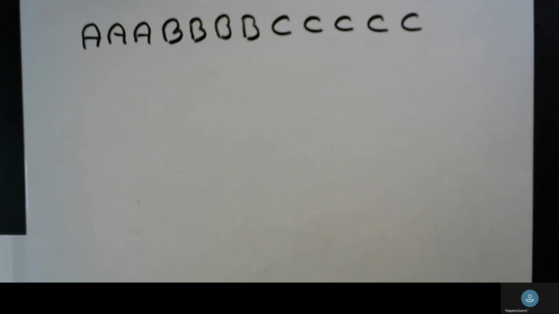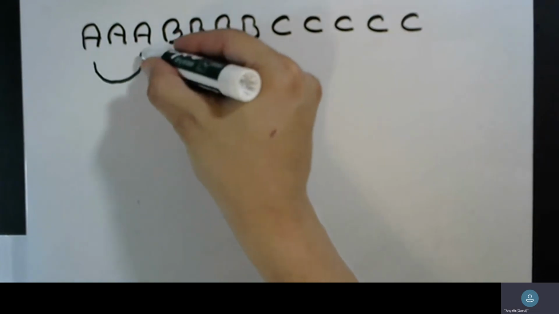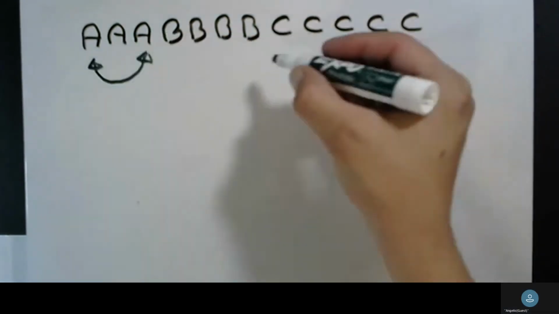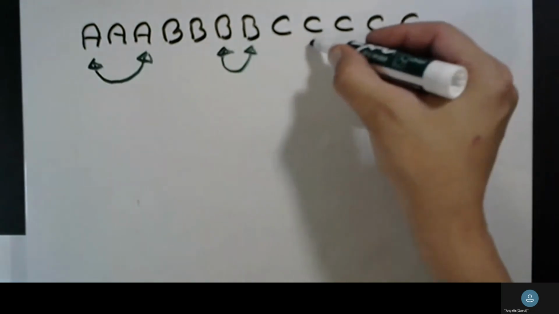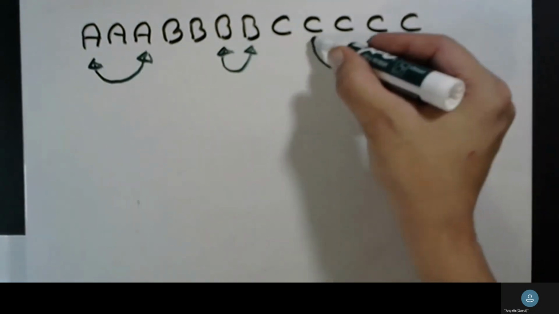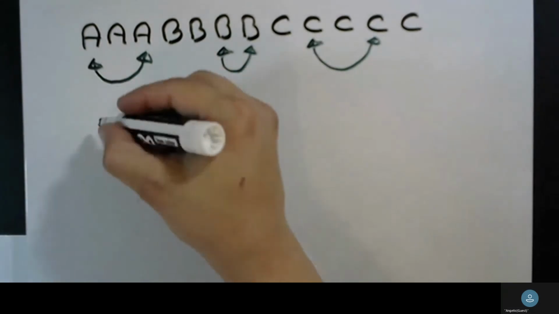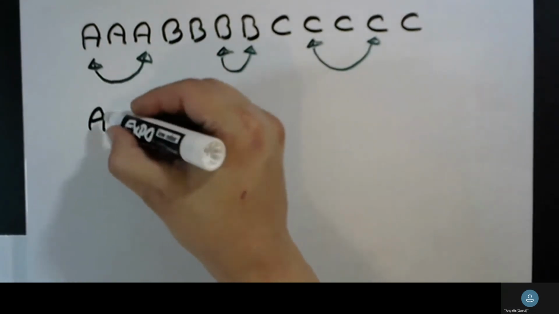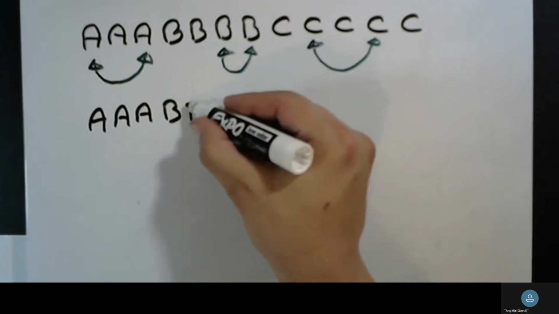So what we can do, we could switch these two A's, switch these two B's, and we could switch these two C's. And after we make those switches, this is what we're going to get again.